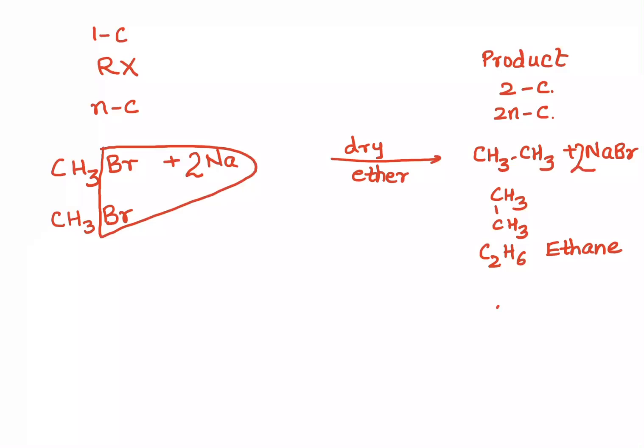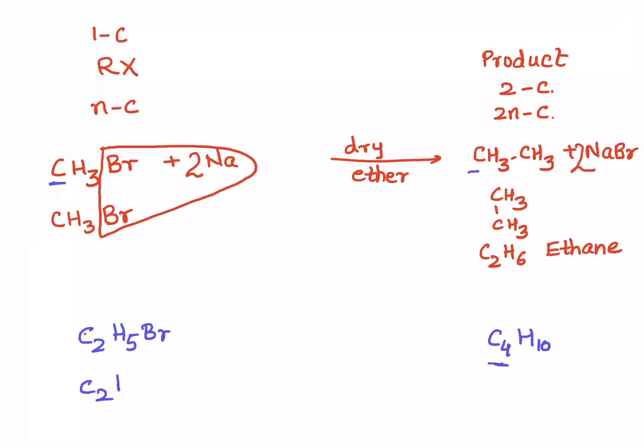Okay, what if I have to form butane? Think about it. So if I want C4H10, okay, what are you going to start with? If you notice, one carbon atom over here becomes 2. So if I want 4, how many will I take over here? Very good. I will take 2, C2H5Br.